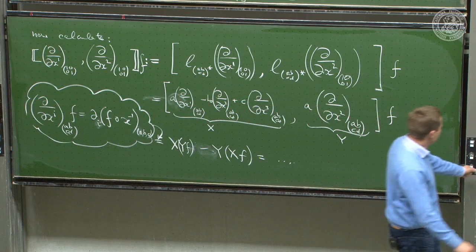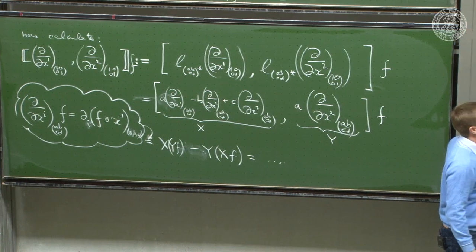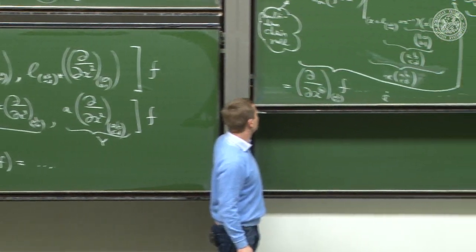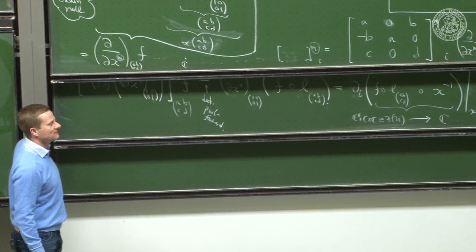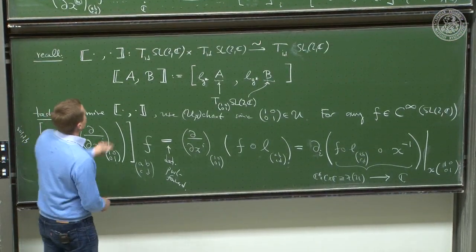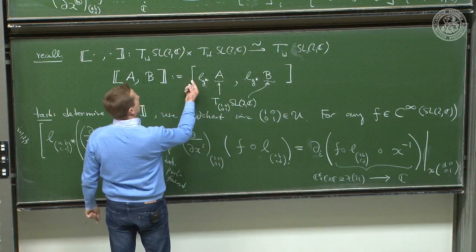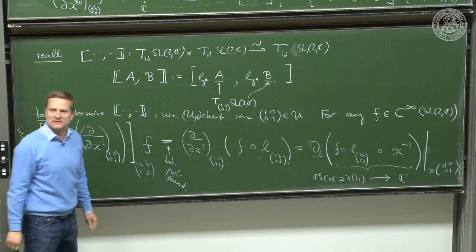Bad definition. Of course, I forgot something. Not so bad. Nothing happened. Here I want to be again at this point, so I need to also do the back translation.